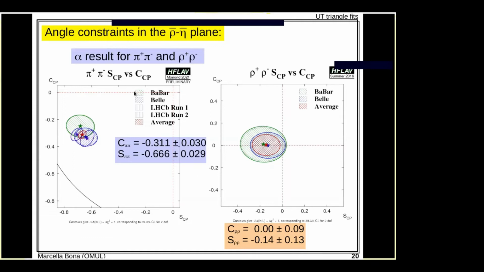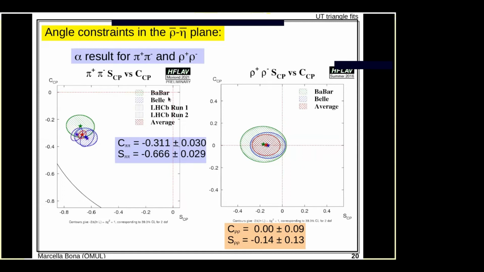These are the results, and I show here the results from HFLAV, the latest ones, in both the pi case and the rho case. The rho case is similar to pi. It's a little bit more complicated, of course, because while pions are scalar, rhos are vectors, so you have to do also an amplitude analysis in your experimental analysis.